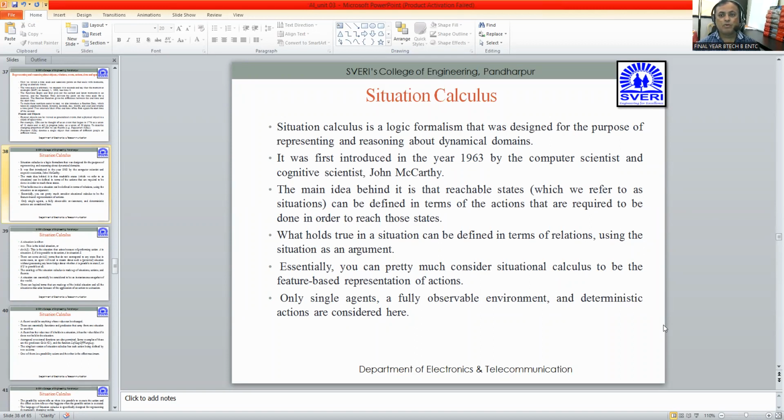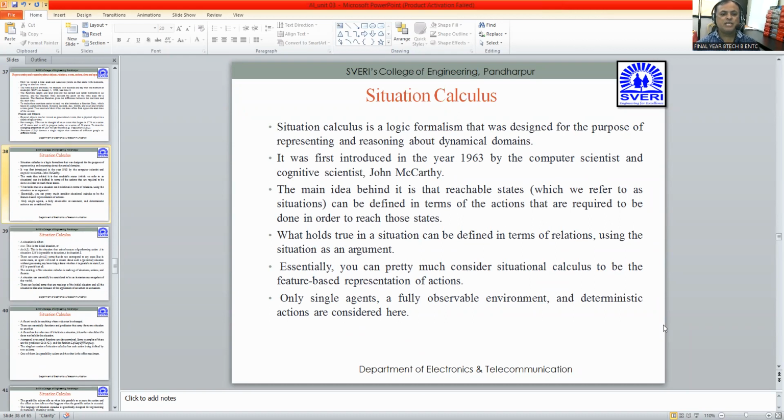Obviously, things that relate to each other exist in a situation. So a situation is defined in terms of relationships, and the situation is used as an argument. What is true in this situation is that we define the situation in terms of relationships where the situation is an argument. If this thing happens, then we say it holds true in the situation.